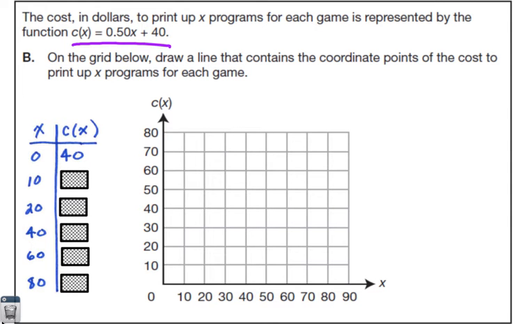And then you could plug in something like 10. If you plugged in 10 for X, 0.50 times 10 plus 40, you'd get 45. And there's other values you could plug in, like 30 or 50, all kinds of points.